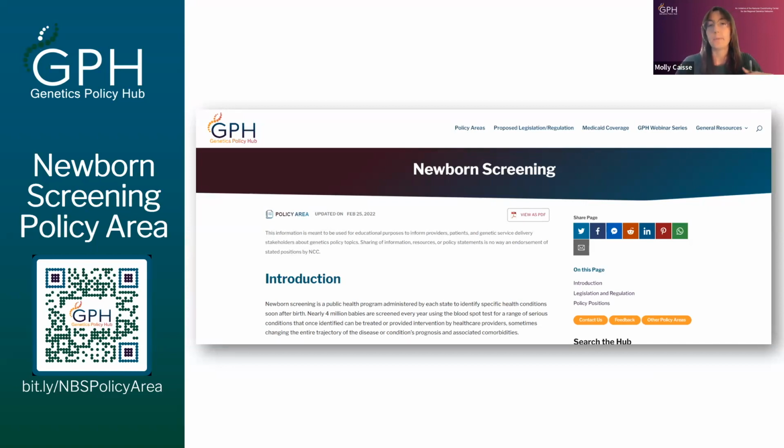It lists the current proposed legislation and regulation related to the topic. And we share policy statements from organizations that present that organization's stance on the topic. So you can really go in and learn about those areas of newborn screening policy or other areas of genetics policy. And there are some really great resources in each policy area from genetics organizations.